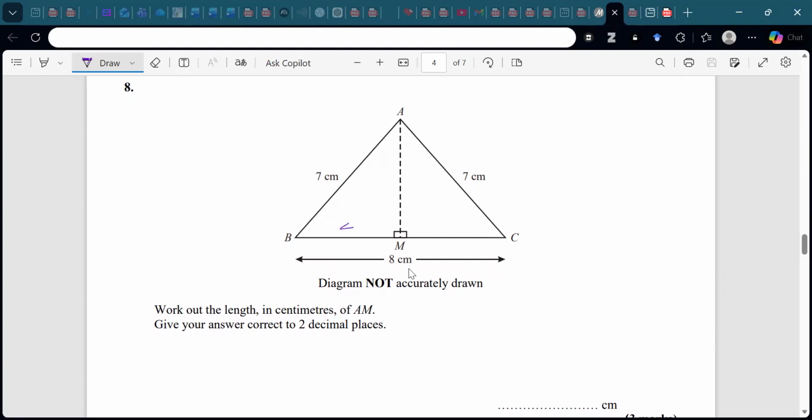So that means this side is going to be 4 centimeters and this side is 4 centimeters. So this side over here is definitely going to be our hypotenuse. So if we have 7 squared, it's equal to one side, which is 4 squared, plus the next side, which is AM, which is what we're looking for.